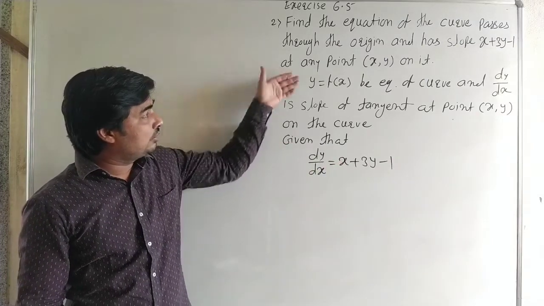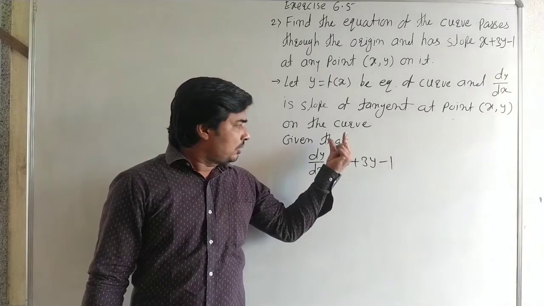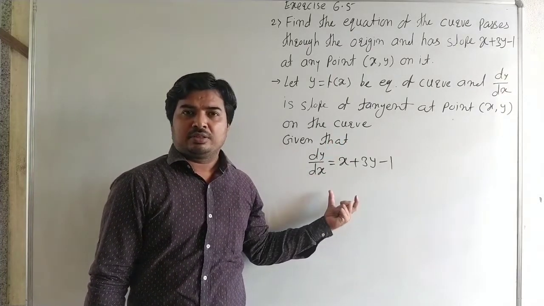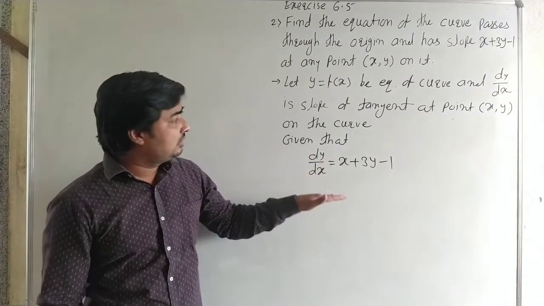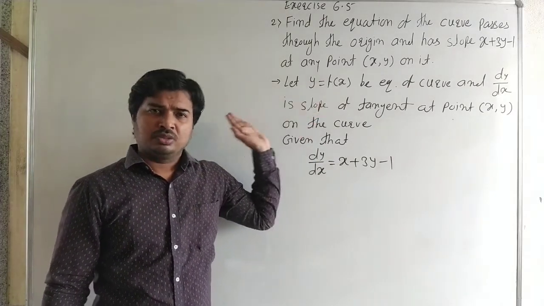First, from the given information we write the differential equation. Now we want to find the solution of this differential equation, that means we want to find the equation of the curve, that is y is equal to f of x.